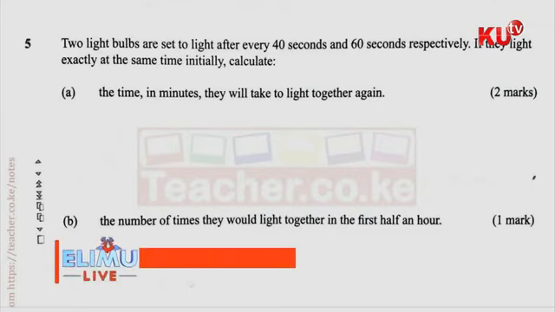If they light exactly at the same time initially, calculate part A, the time in minutes they will take to light together again. So you see, this is a question testing us in Form 1 work.